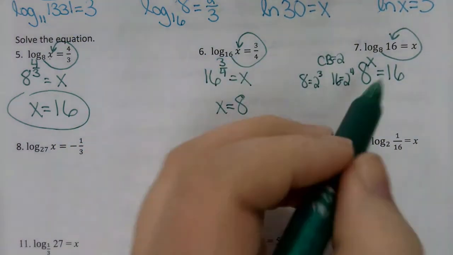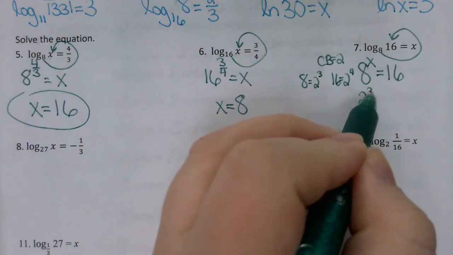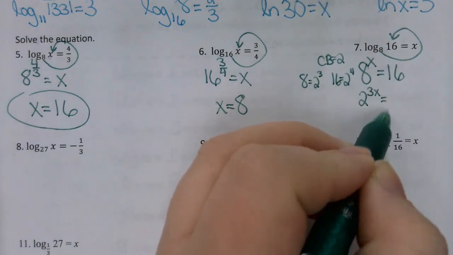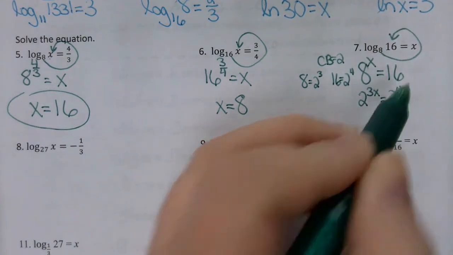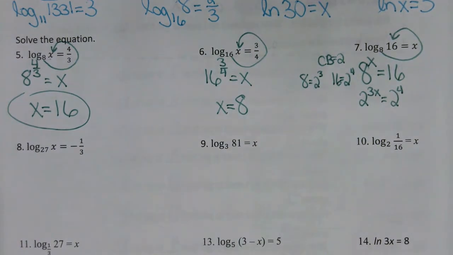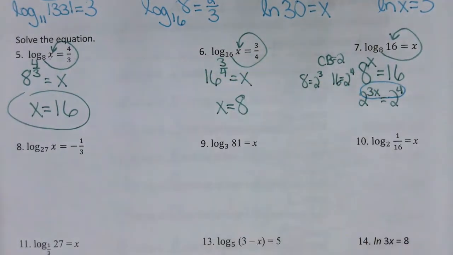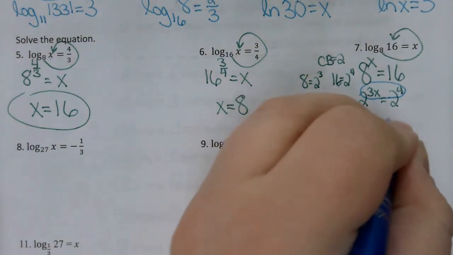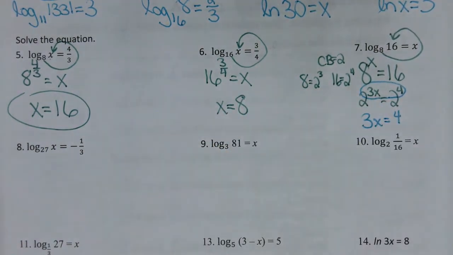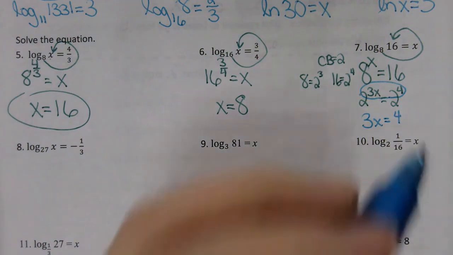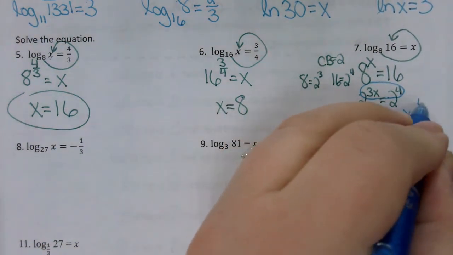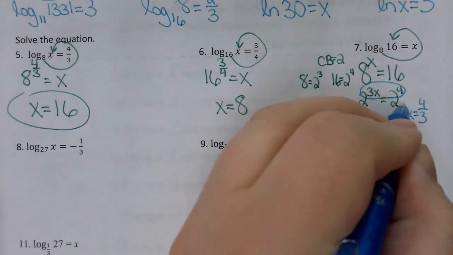So I can replace the 8 with 2 to the 3rd power and 16 with 2 to the 4th power. As we know from previous lessons, when the bases are the same, the exponents can be set equal. So 3x equals 4. Divide by 3 on both sides so that x equals 4/3.